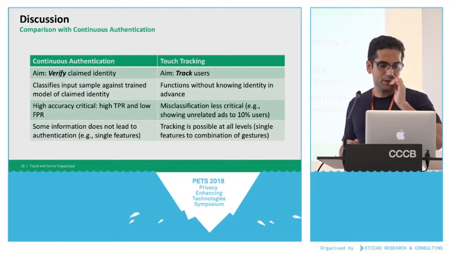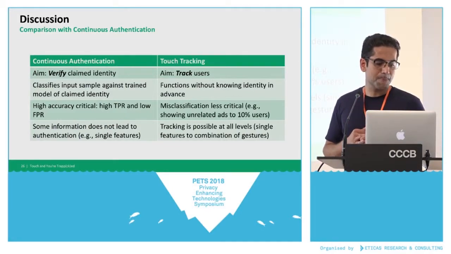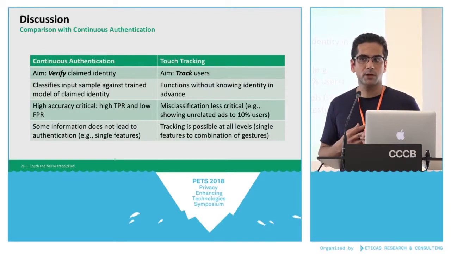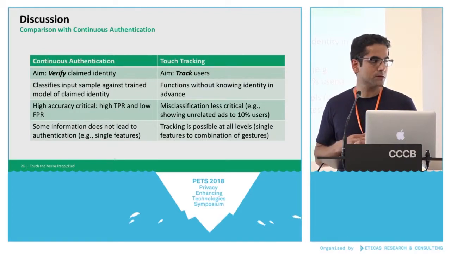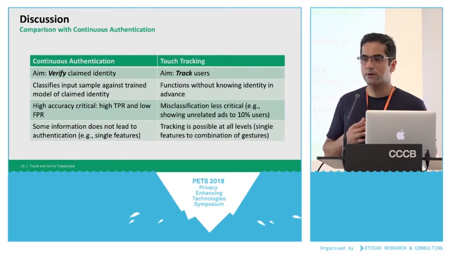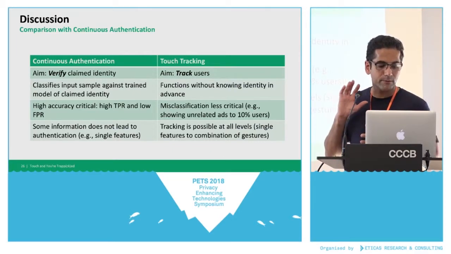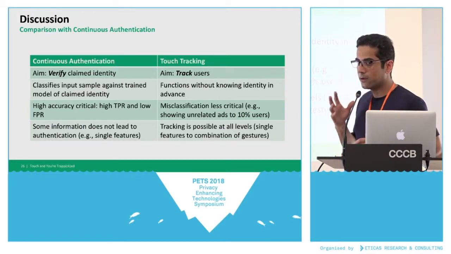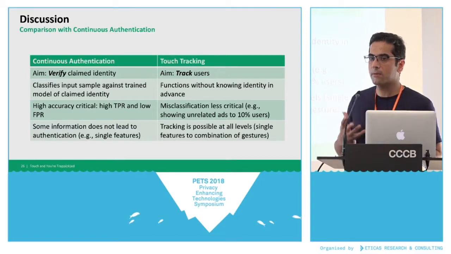Before I end my talk, just a slight discussion around the field of continuous authentication, as some of you may be familiar with it, so there might be some similarities in your mind. There are some stark differences here. The first one is the obvious aim.